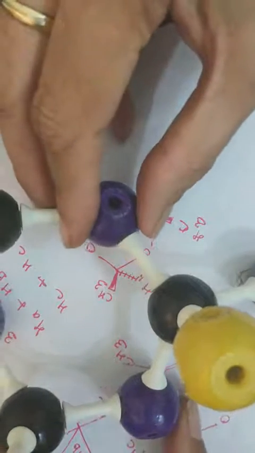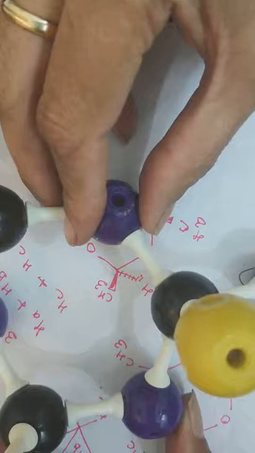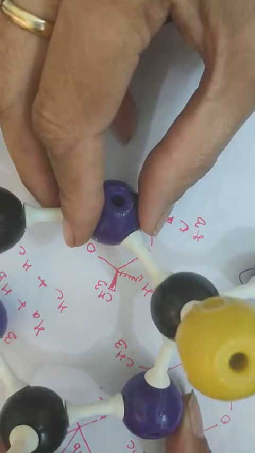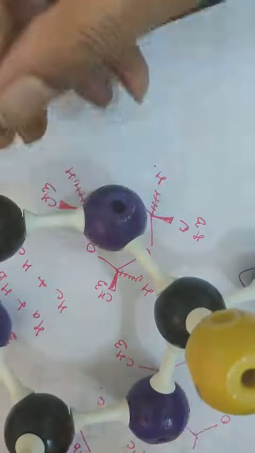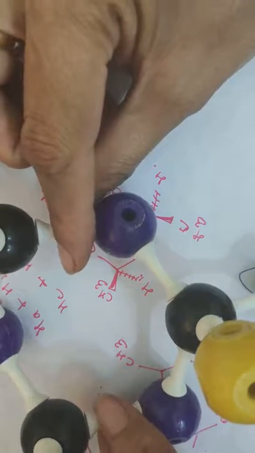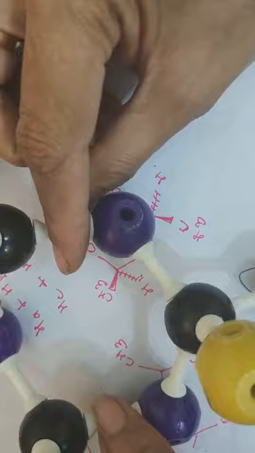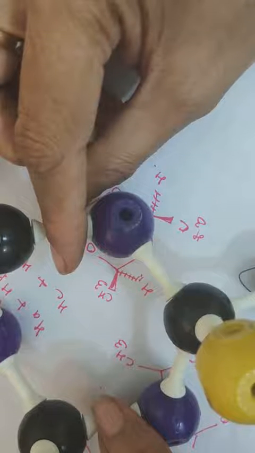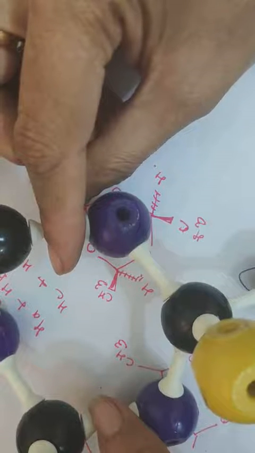Which axis of symmetry is present? If you pass a mirror plane from here, no.